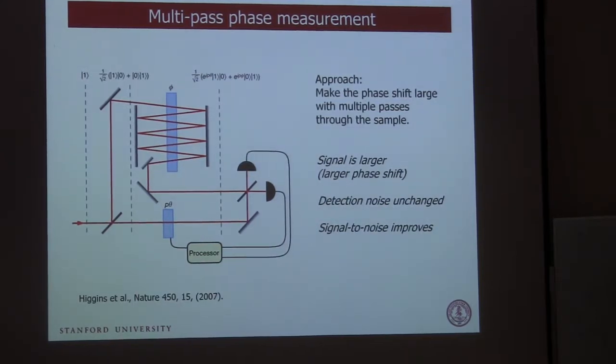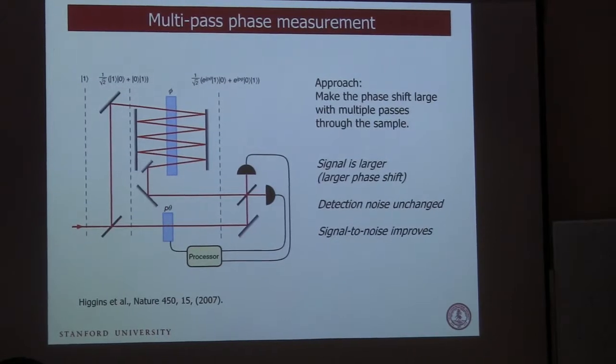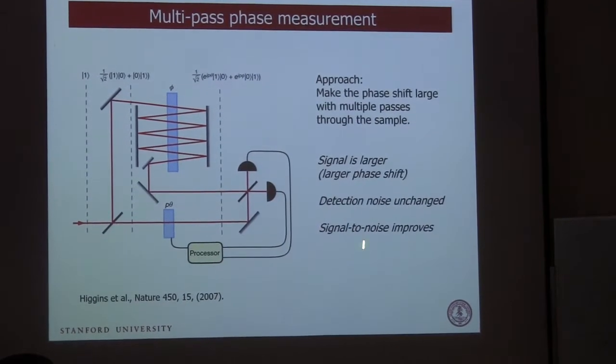And by varying the number of passes and so on, there are some interesting strategies that can be employed. And so, why is this better? Well, detection noise given by the shot noise, if you will, of the photons in the detector hasn't changed, but the signal is larger because you have a larger phase shift. You go up and down the fringe by a larger amount, if you will, and that improves your signal to noise. So that's a simple idea.